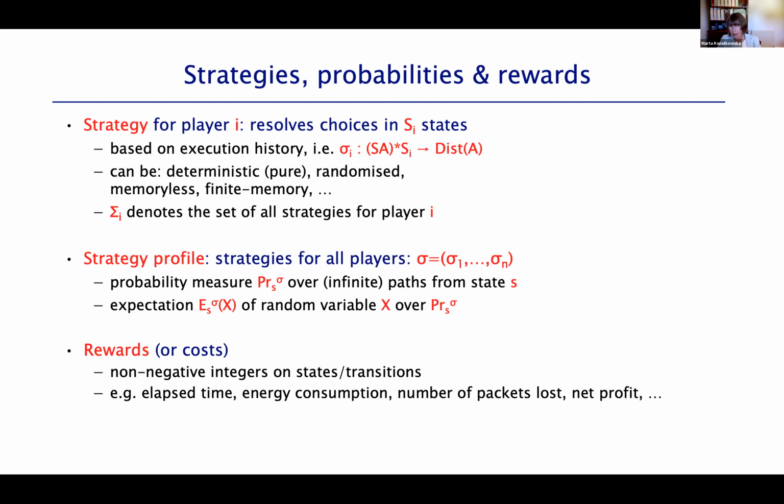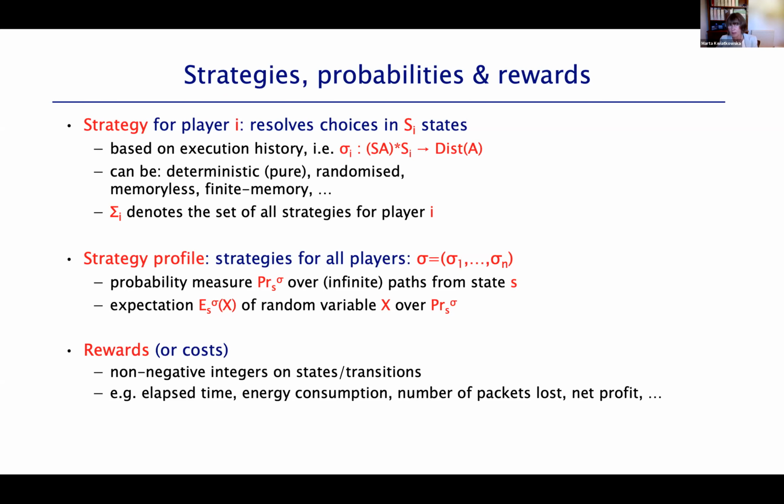Now for games, since we have n players, each player will have an associated strategy, and a strategy is basically a mapping from a finite history ending in a state belonging to that player to a distribution over actions. So in general, strategies are randomized, but a special case of this for direct distributions is, of course, the deterministic pure strategy.